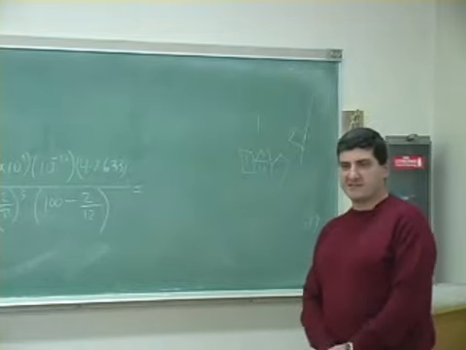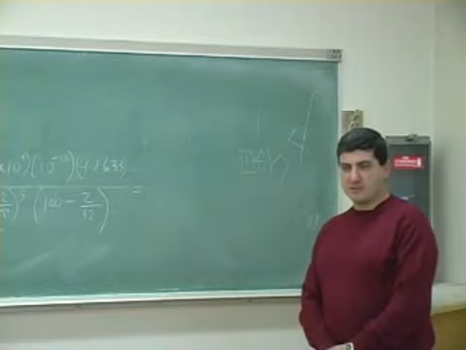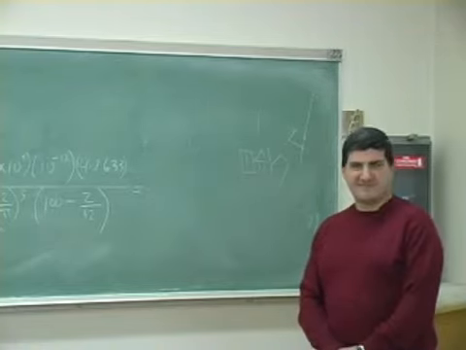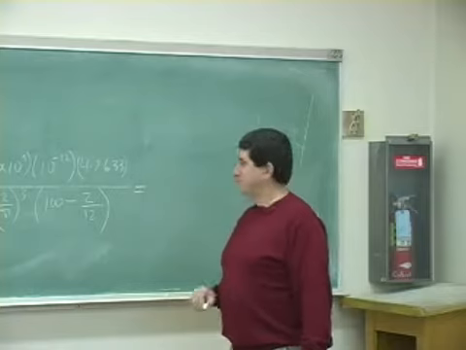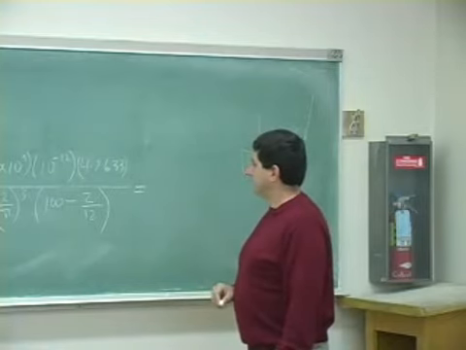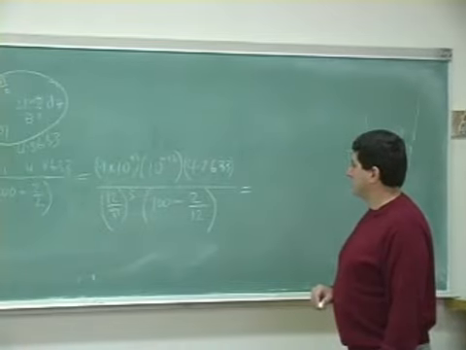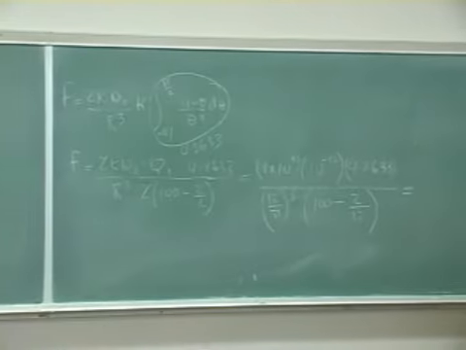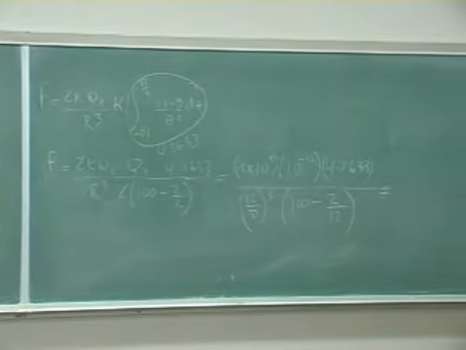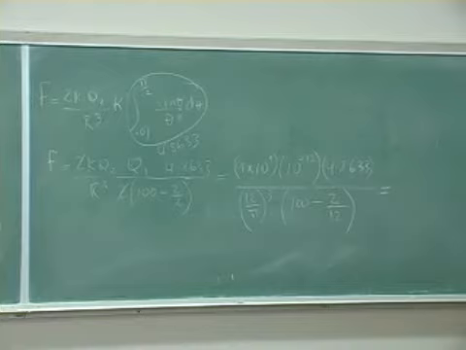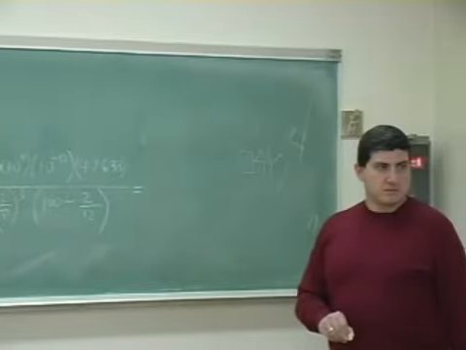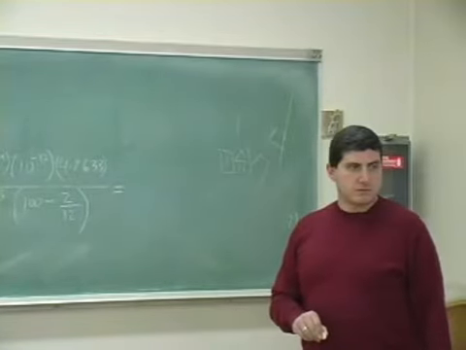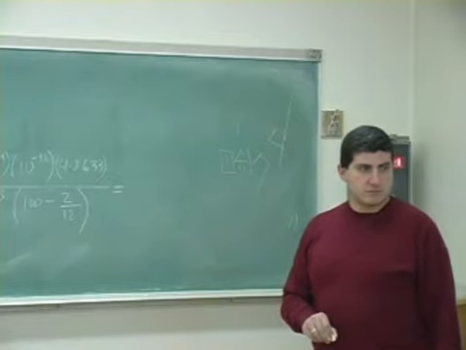Is our prediction not good? What is it? 7.87 times 10 to the negative 6.